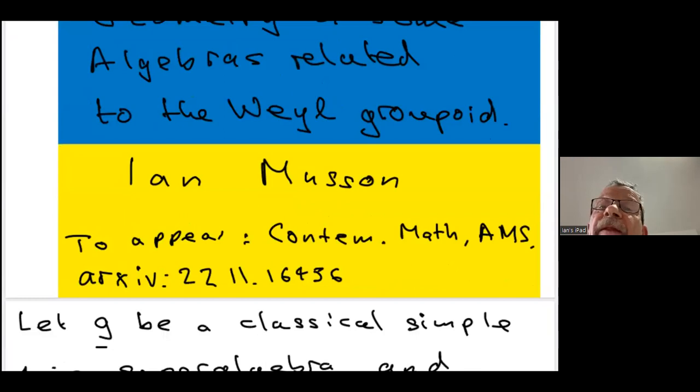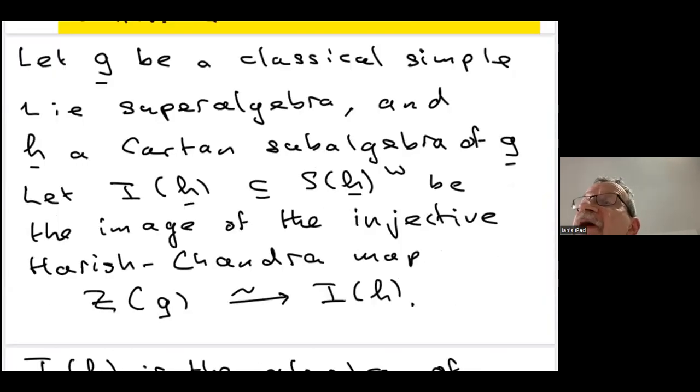So let's start. I'm going to assume that g is a classical simple Lie superalgebra with Cartan subalgebra H. And there are two algebras of interest. One is called I(H). It's a subring of the W-invariants of the symmetric algebra.